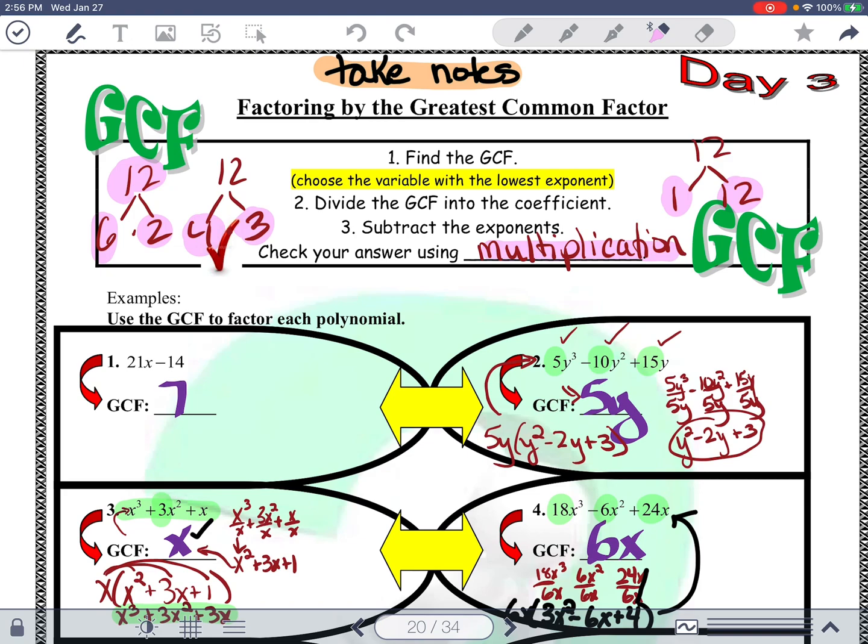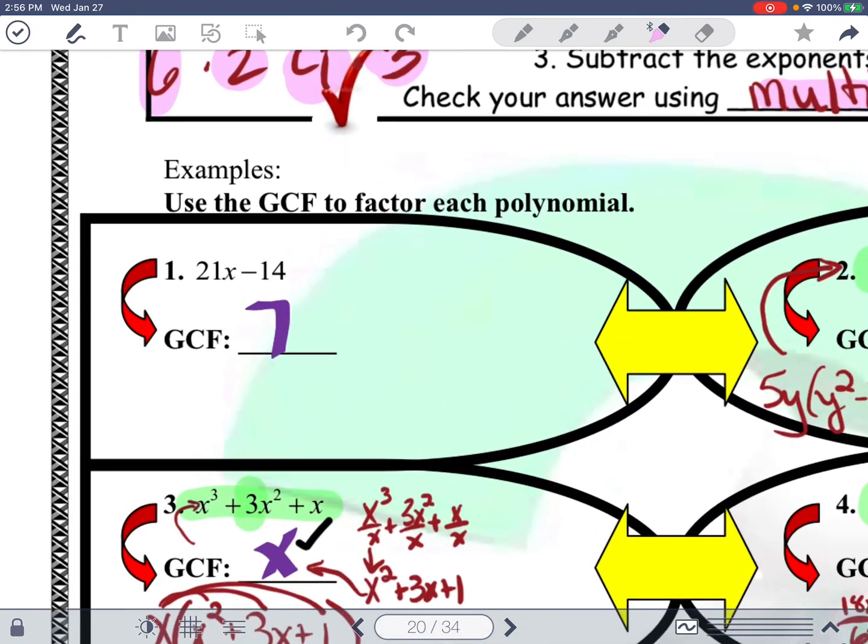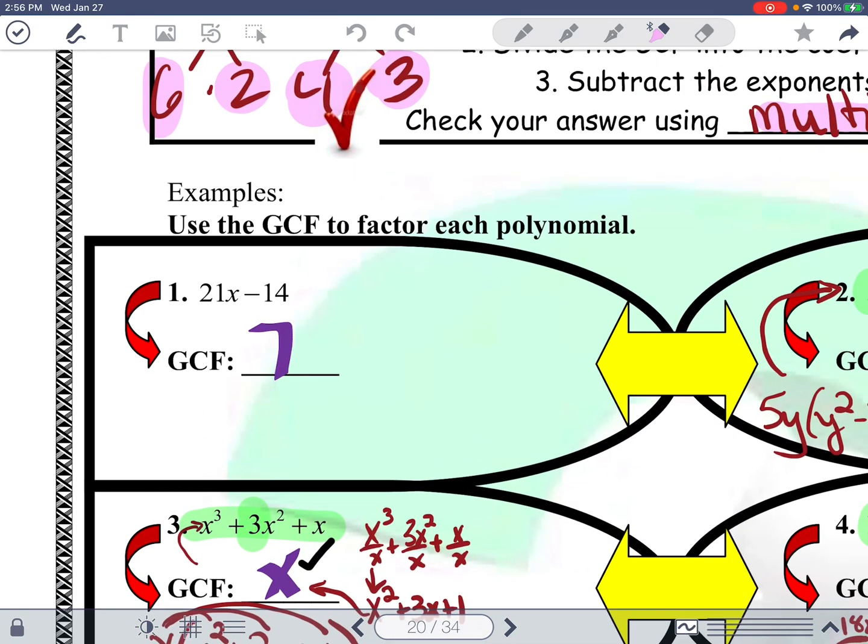So, greatest common factor. Well, how do we find the greatest common factor when we have a polynomial like this one? It's two terms, it's a binomial, it's linear because the highest exponent on the variable is 1, all that good stuff. What's the greatest common factor? Well, the first thing you examine are the two integers, 21 and 14. You look at those two integers and you say to yourself, what number divides evenly into both of those?